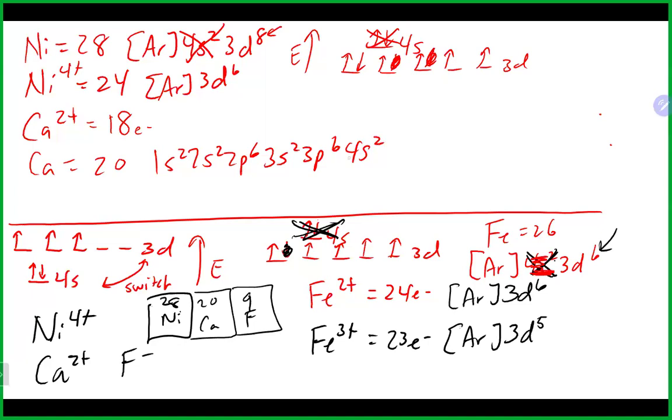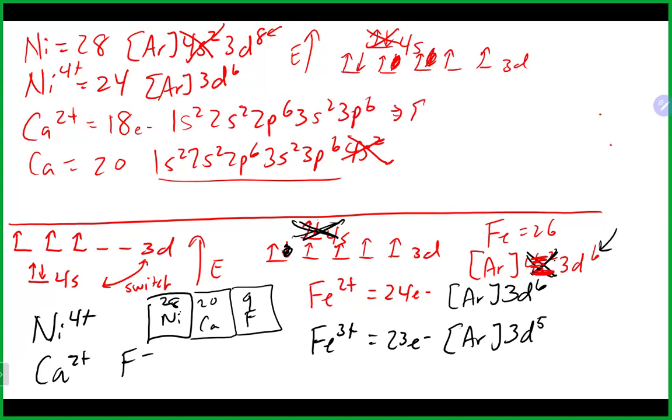Here at 18, it is going to take out the last ones, which is the highest energy level. That's going to leave us 1s2, 2s2, 2p6, 3s2, 3p6, which is 18, which is the same electron configuration as argon in that case. Any questions on that one there?